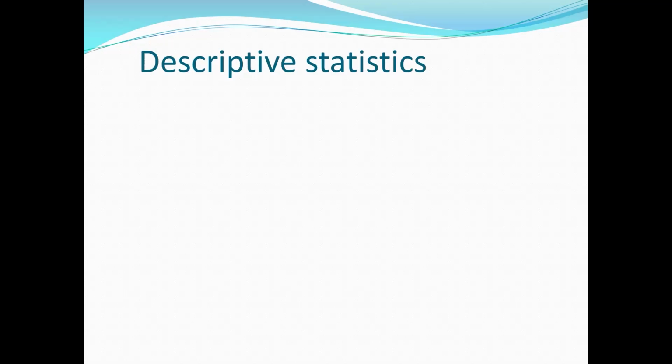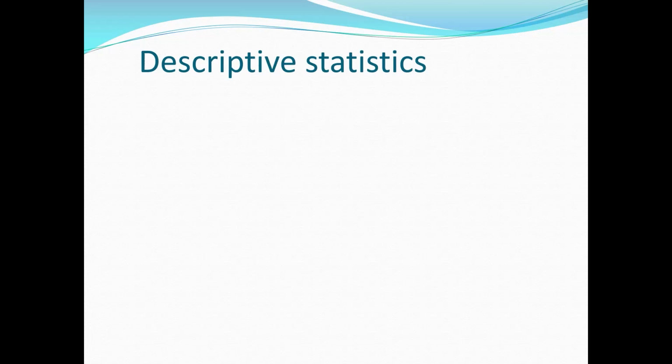Or sometimes the other way around. Most of the students will be getting less than 30, and a few students will be getting 70 or 80. So you see, the distribution of the data will be different. So before we start the analysis, we have to understand the distribution of the data, the characteristics of the data.